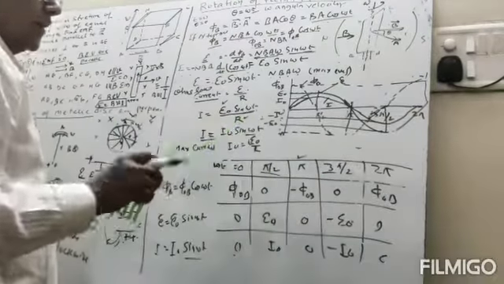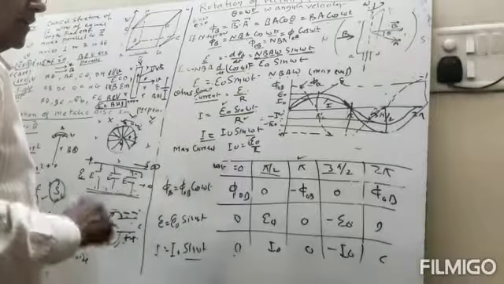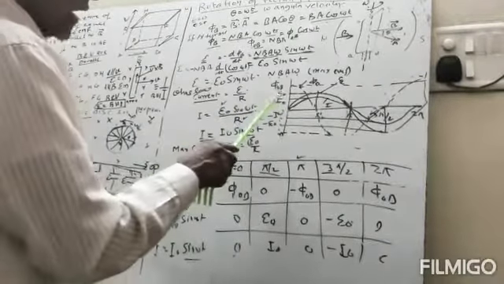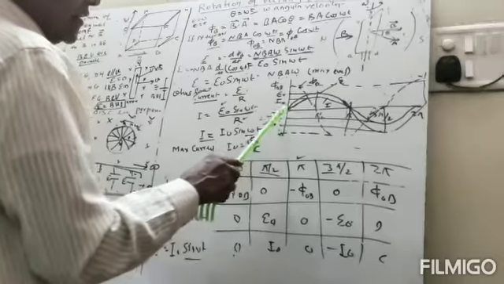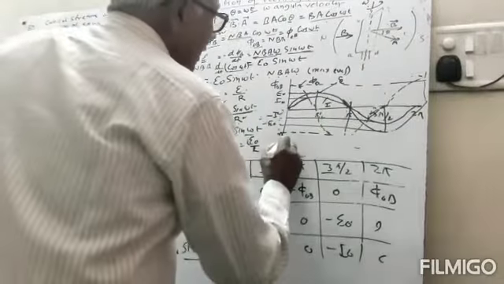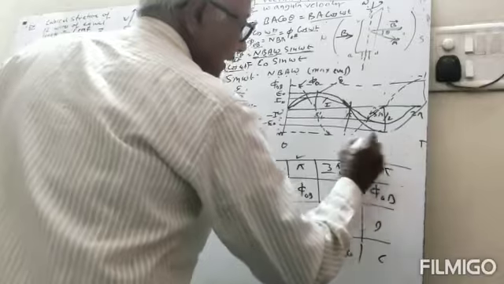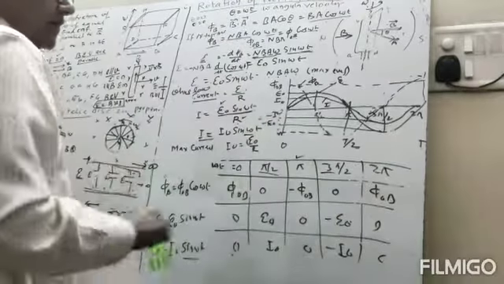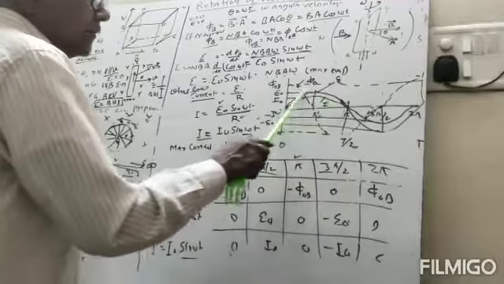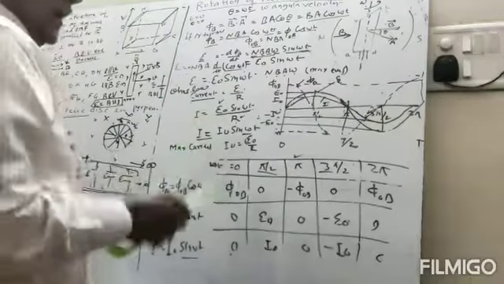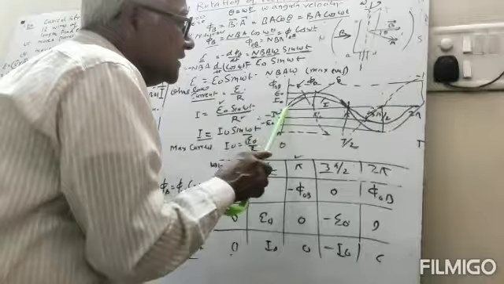So in this way, what do we see? Here we see the EMF for half the cycle. This is half cycle. This is total. If you take the time period, then this is 0 to T and this is T by 2. For half time period, the EMF and current are positive, and the values of EMF and current are changing.